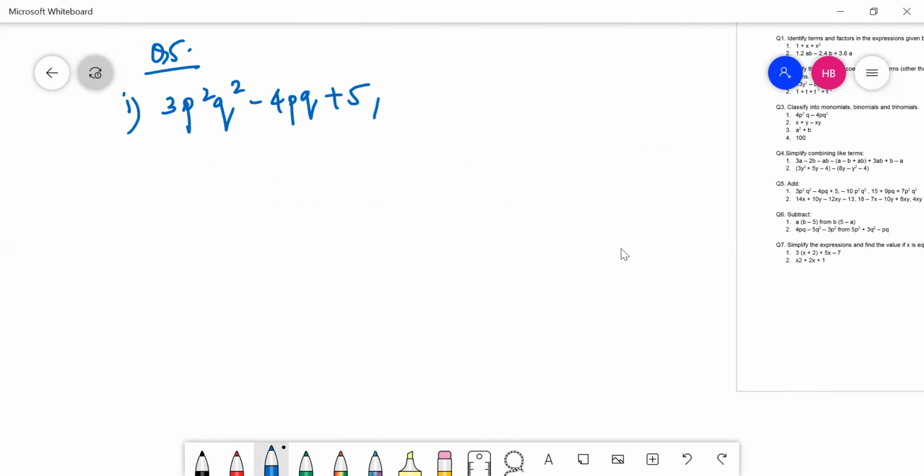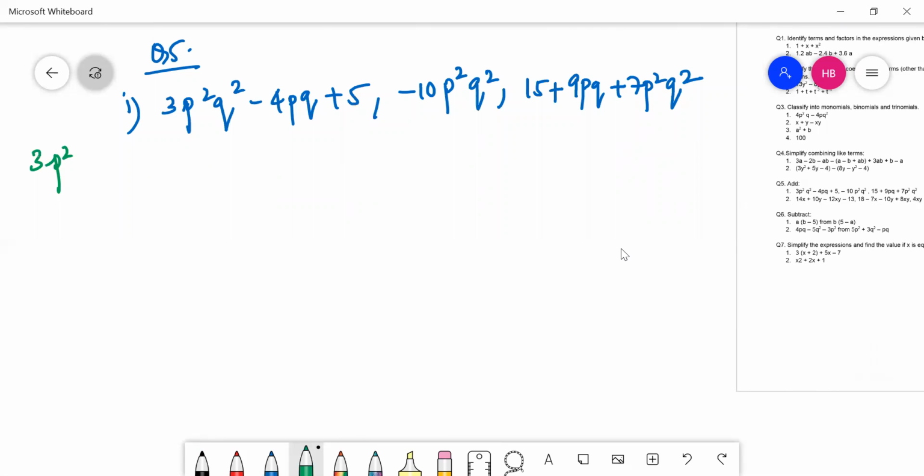Then they have given another expression, minus 10p square q square. And third expression is 15 plus 9pq plus 7p square q square. Okay. So let me just check whether I have taken down the correct question or not. Cool. Again, the process will be same, guys, which we have done in the previous. It is 4p square q square minus 4pq plus 5. Now I have to add this expression with this expression and this expression.